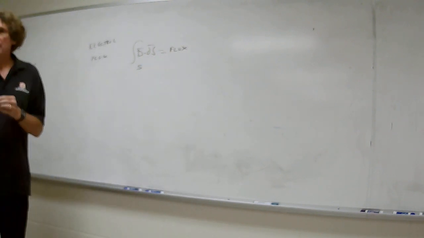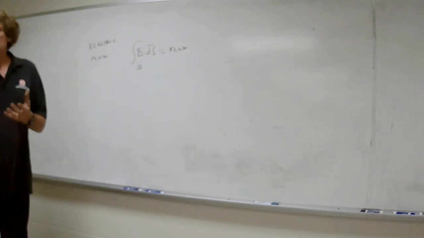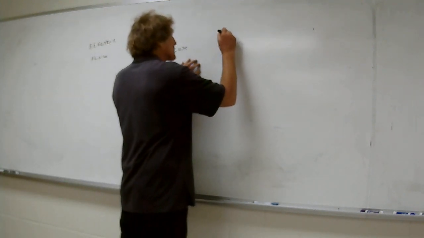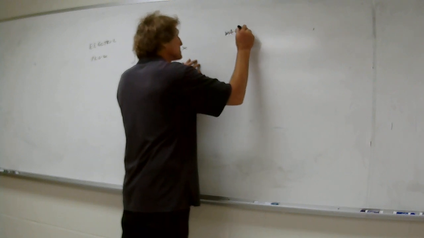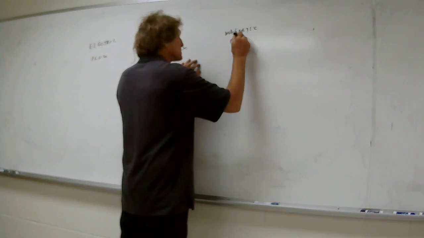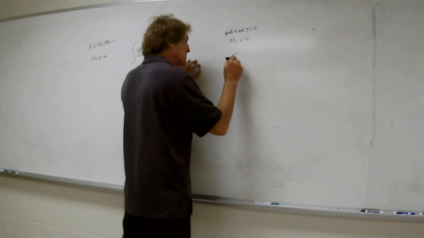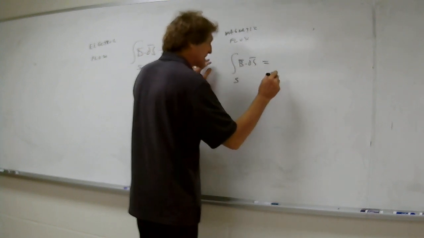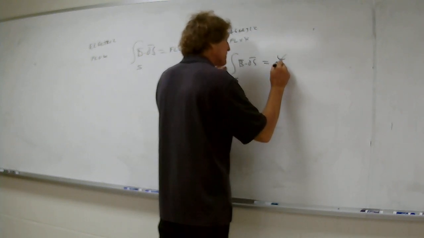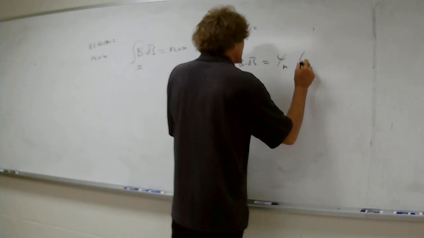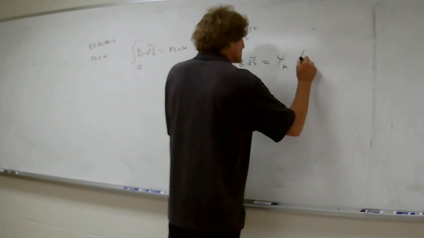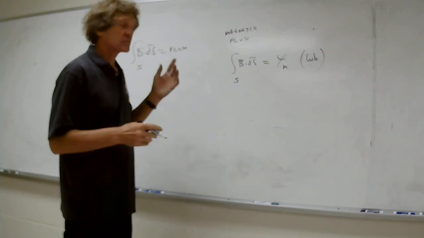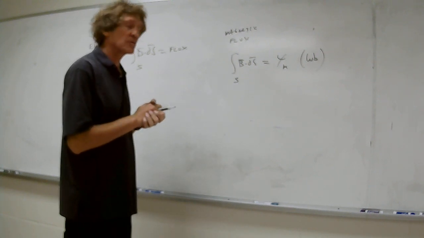Do you all remember that? And if it was over a closed surface, then it's the charge enclosed. Well, for the magnetic flux, the integral of B dot ds over a surface is called the magnetic flux. And that's all this is. This is magnetic flux, and it's in terms of Webers. Flux density B is Webers per meter squared. You integrate it over a surface, you get Webers.